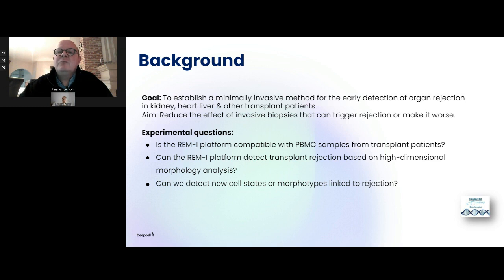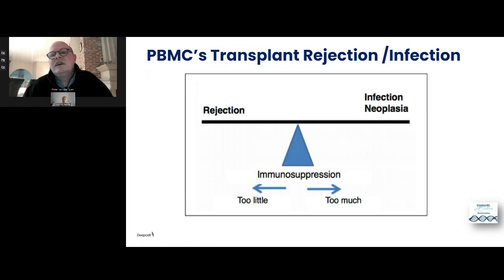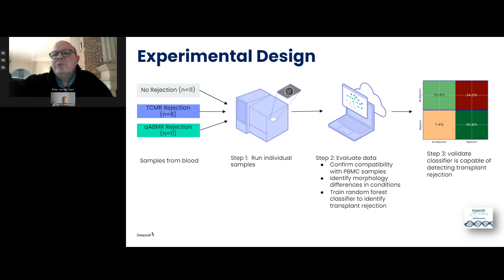So we went back to our biobank and basically wanted to lift samples which could tell something about whether the patient was, for instance, having too much immunosuppression, which basically goes with infection or neoplasia. And if you have too little immune suppression, you get your rejection triggered. So in order to study that, we lifted samples from our biobank, which either fall in the category no rejection, T-cell mediated rejection, or antibody-mediated rejection.